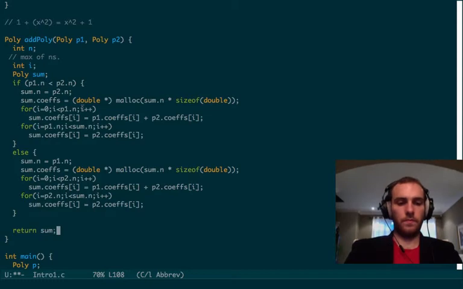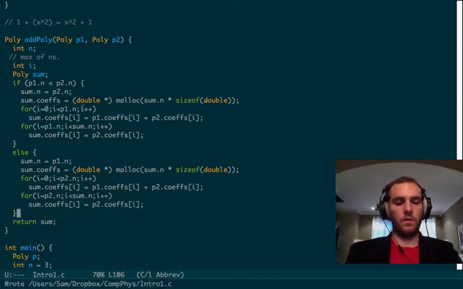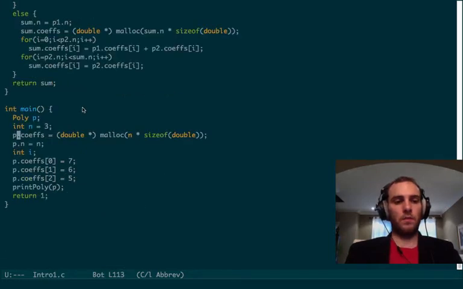Sum. Return sum. Let's try to add P to itself.